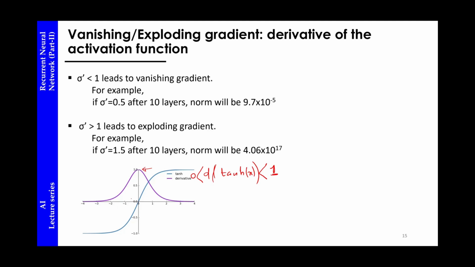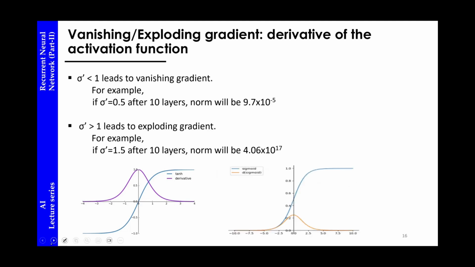Any derivative gives us a value between 0 and 1. Therefore, it is possible to get vanishing gradients, but not exploding gradients, because the top value is 1, and if we multiply 1 by itself 1 million times, the result is still 1.